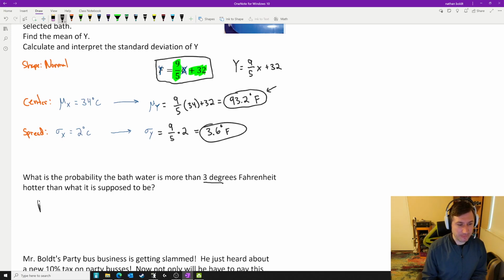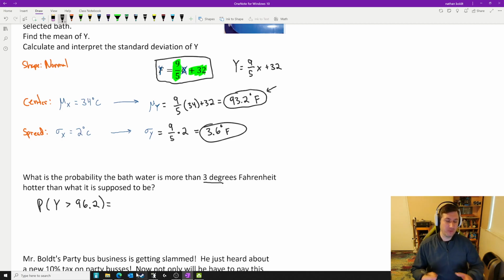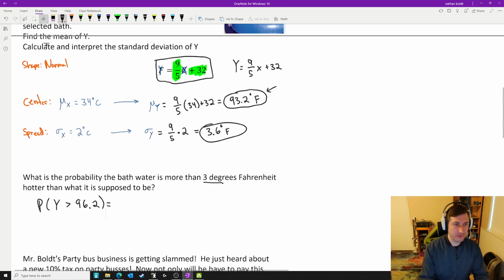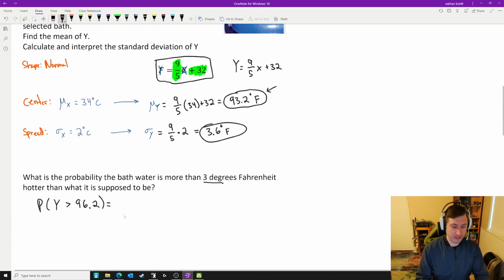So that's going to be the probability that the variable y is greater than 96.2, which is 3 degrees hotter. So what are the chances that the y value is more than 96.2 degrees? That's going to be a normal CDF question. I'm going to draw the picture here.